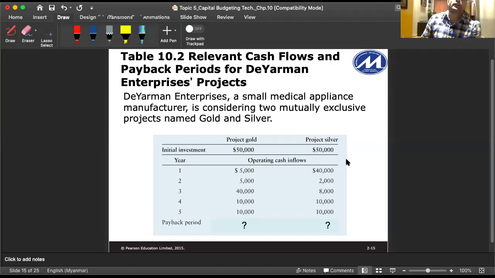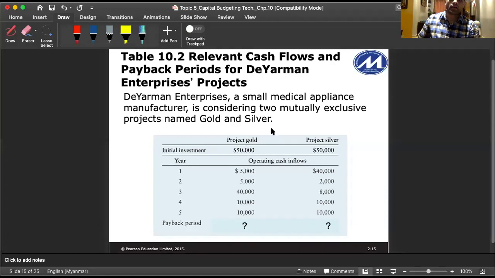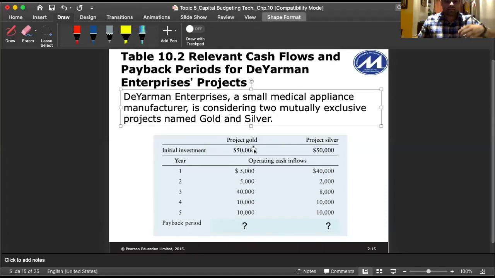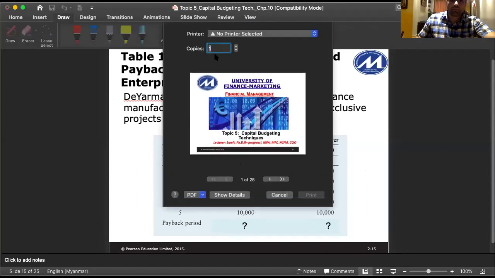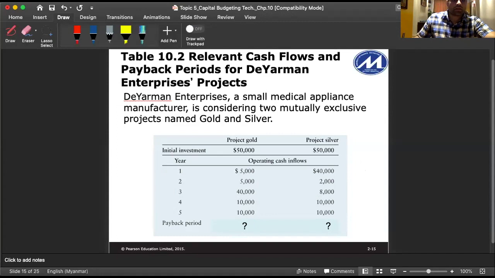Same. That's right. So both projects are giving us same payback period. All right. So we can choose either Project Gold or Project Silver because both have same payback period.